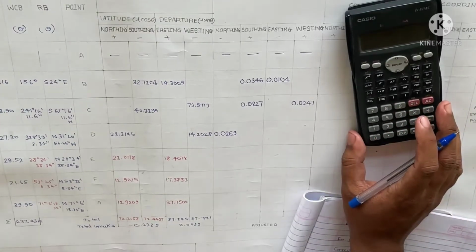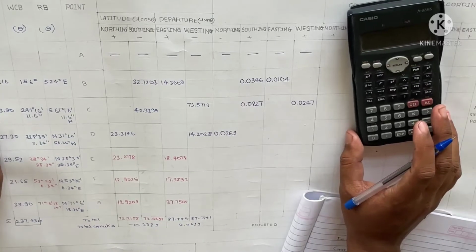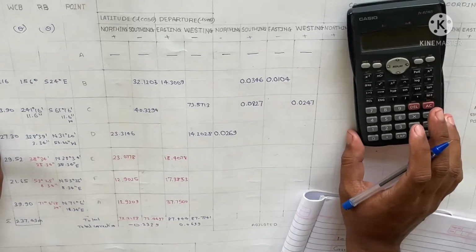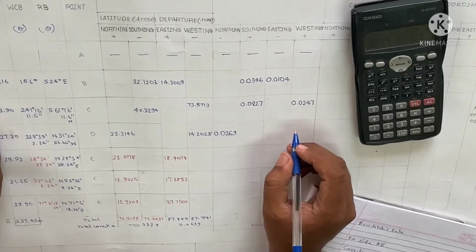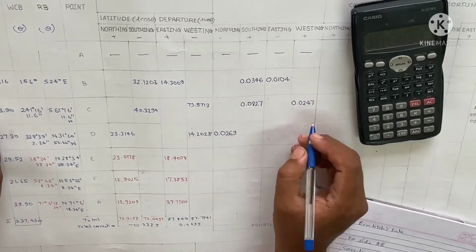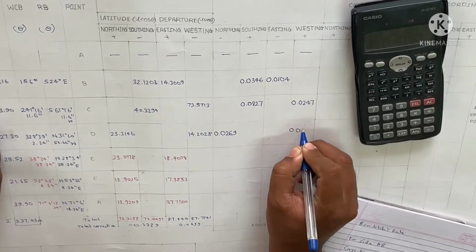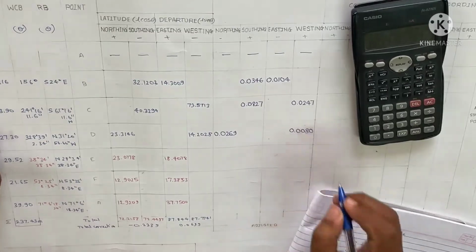It comes out to be 8.037 into 10 raised to minus 3, so it is 0.0080. It is westing, so we write it in the westing column, 0.0080.